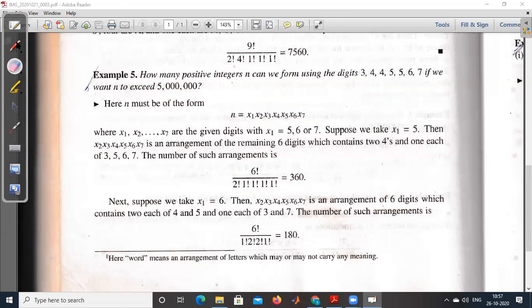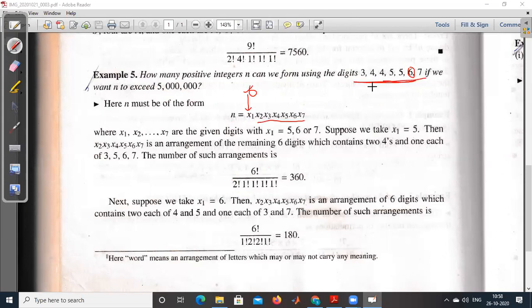Okay, students. So next, if x1 is 6, we have fixed this 6 in the first position. So the remaining x2 to x7 can be any of these numbers.